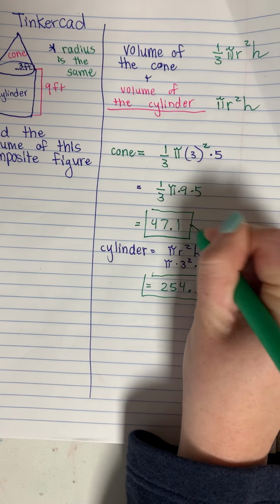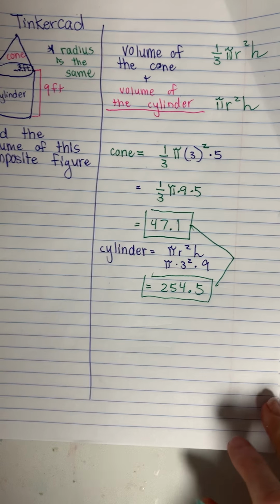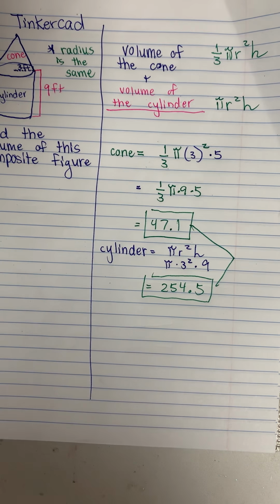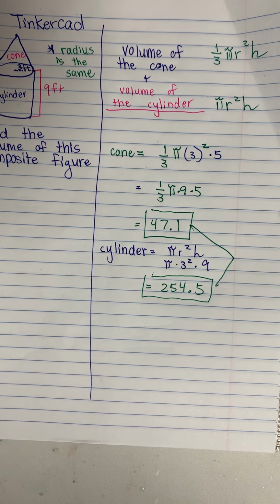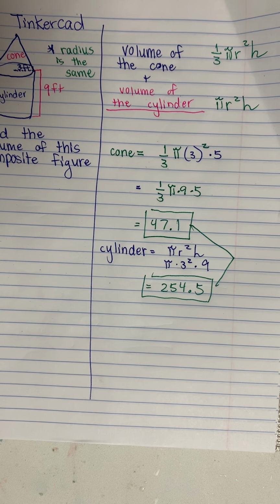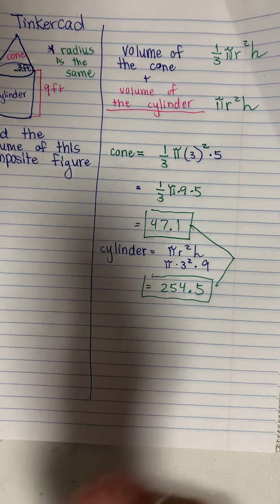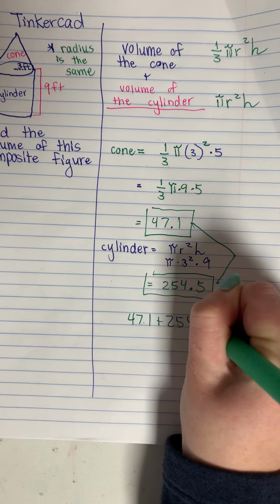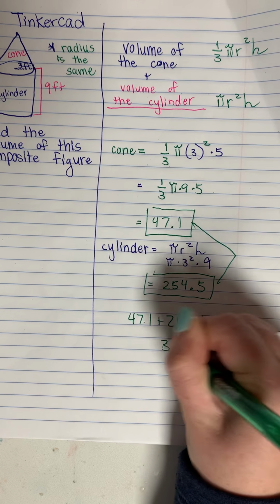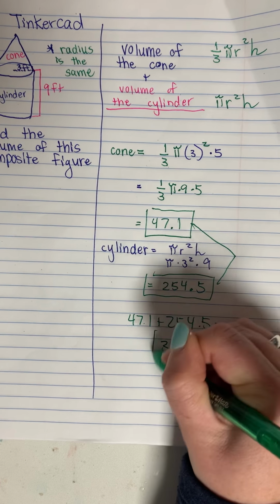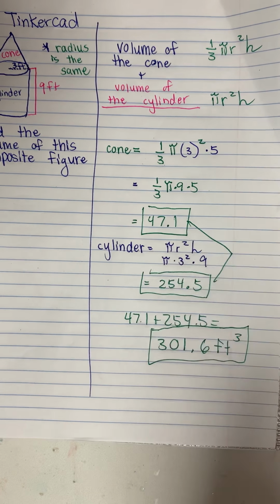So we're going to add these two together. And when you do, you should get 301.6, and in this case, it's feet cubed.